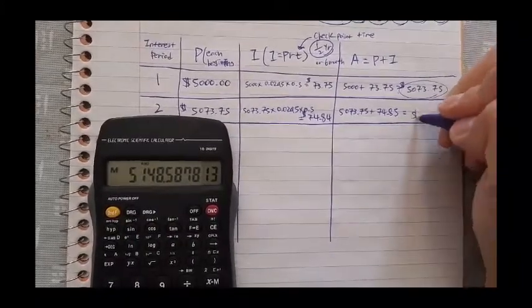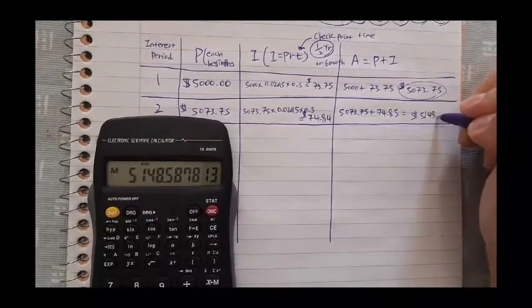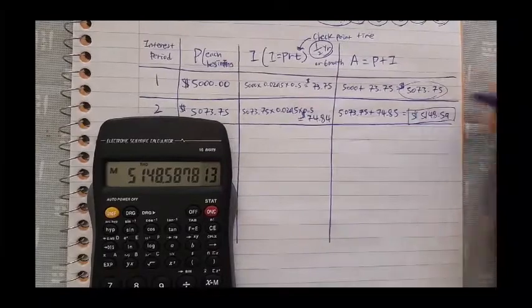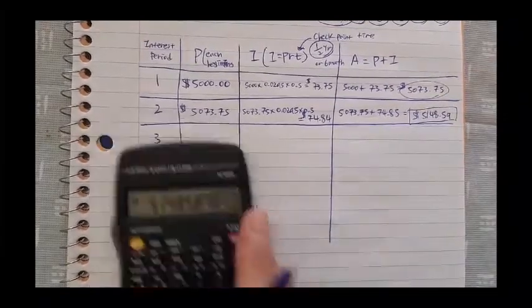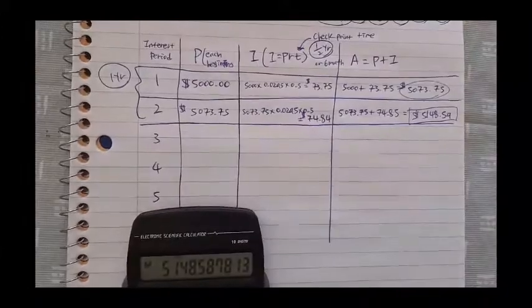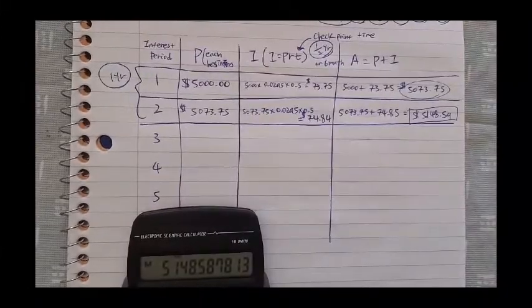Adding it up gives me 5,148.59. As you may notice, these two periods now become how much I earn at the end of 1 year.